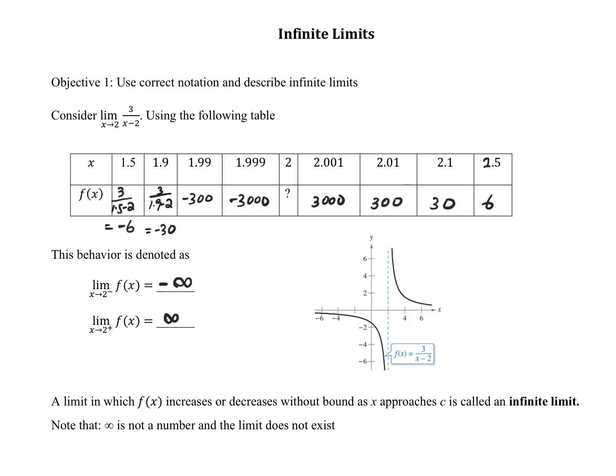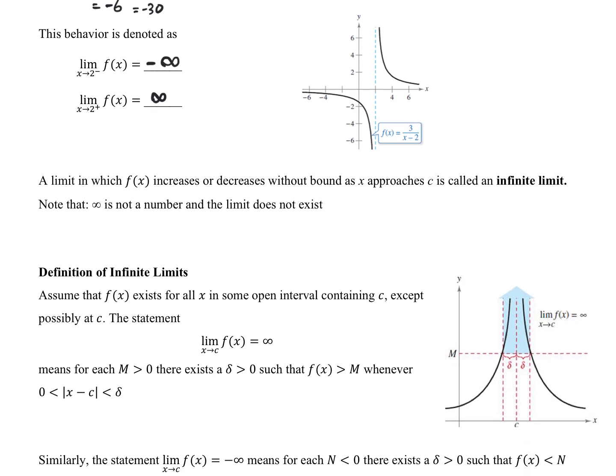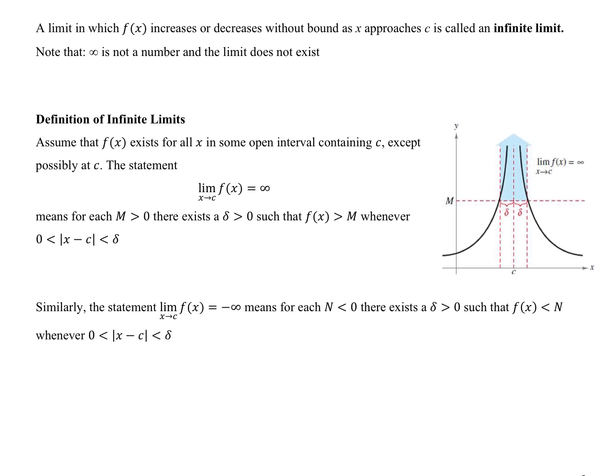All right, now let's introduce the formal definition of the infinite limit. Assume that f of x exists for all x in some open interval containing c, except possibly at c. And this statement, the limit of f of x when x is approaching c is equal to infinity, means the following.